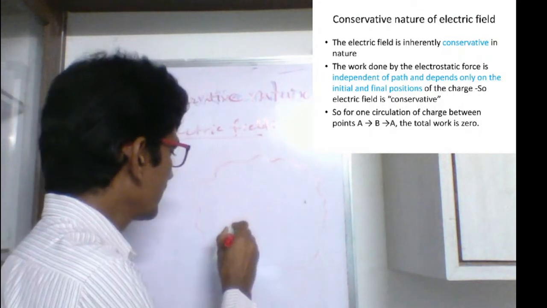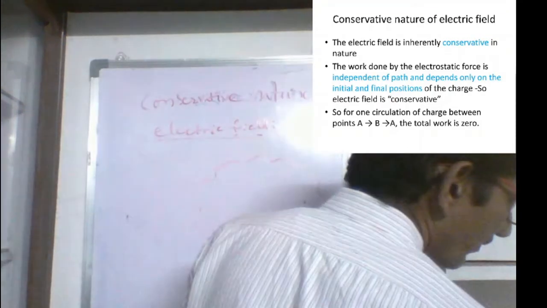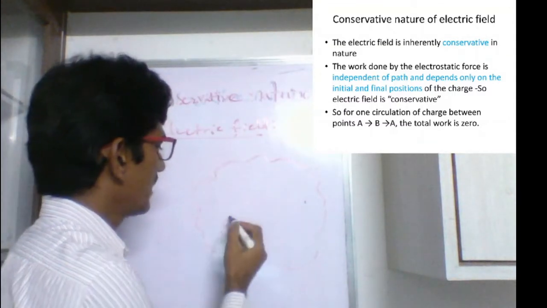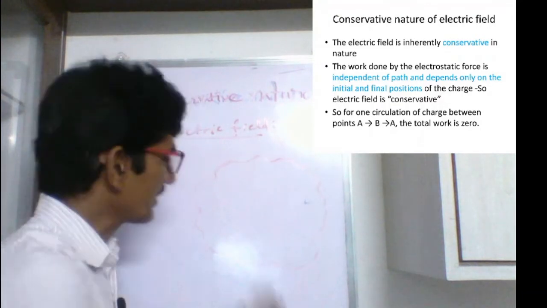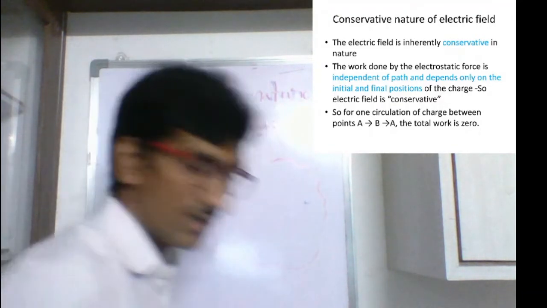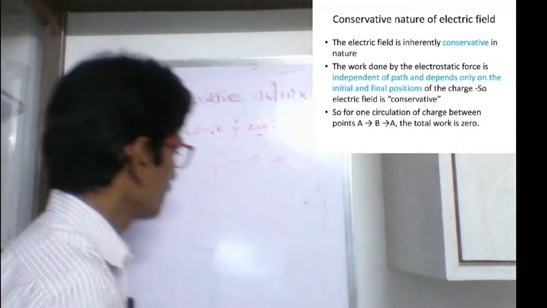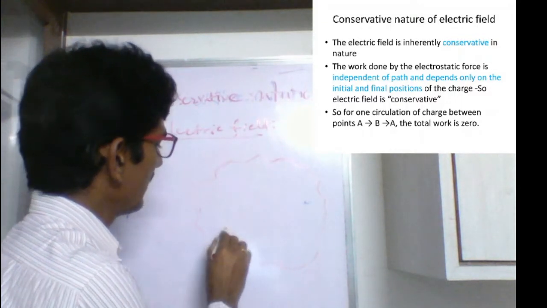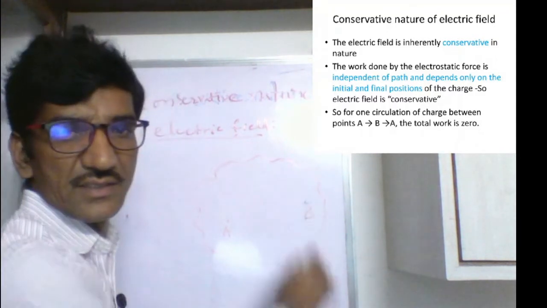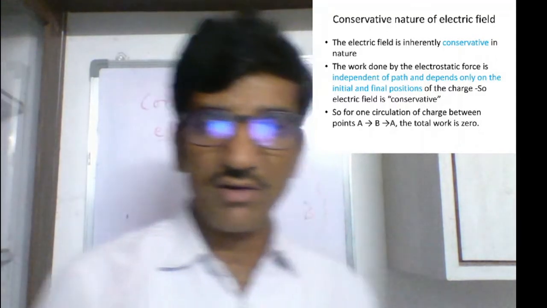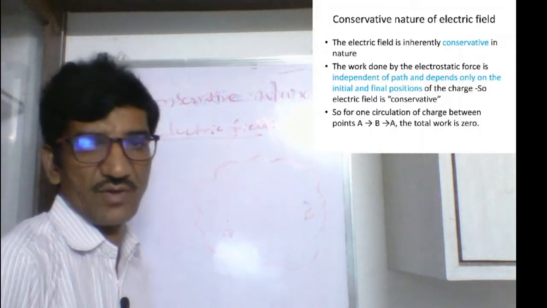Here you are taking 2 points in the electric field. Say this is A, and say this is B. There are 2 points, A and B.